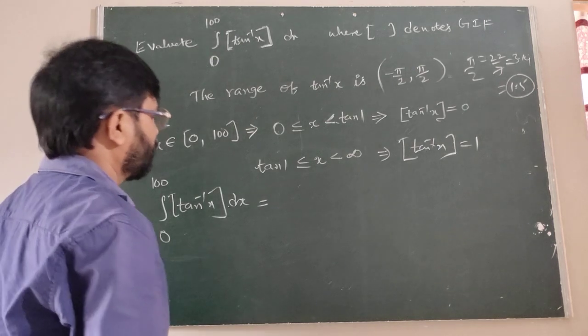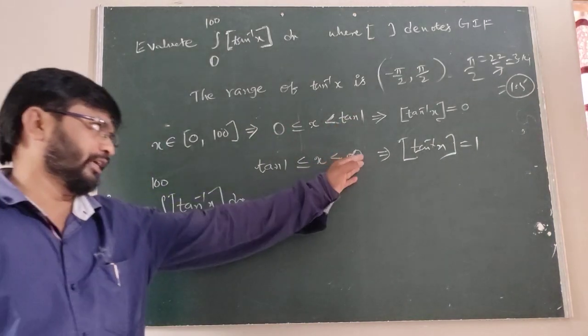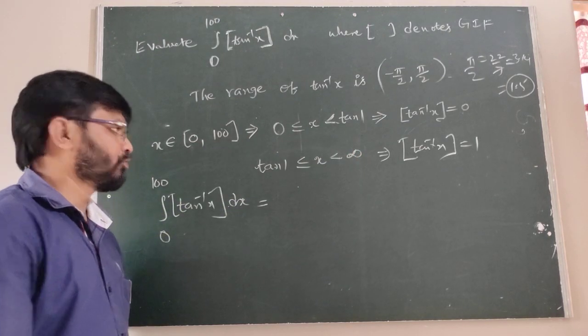First we have to know what we are taking: 0 to tan 1, and tan 1 to infinity, but here it is only up to 100.